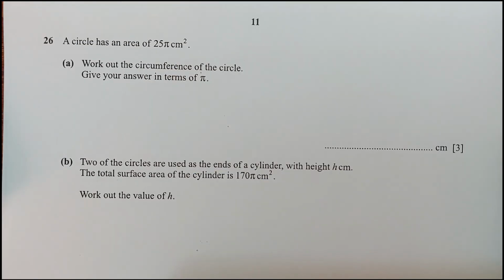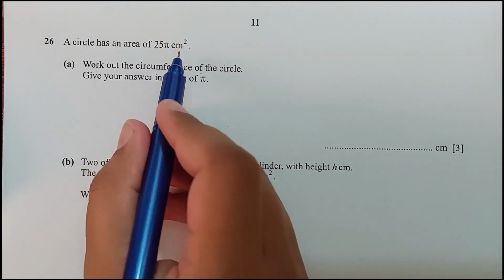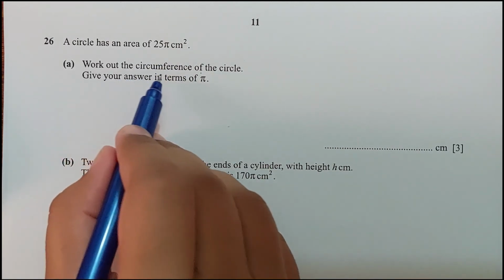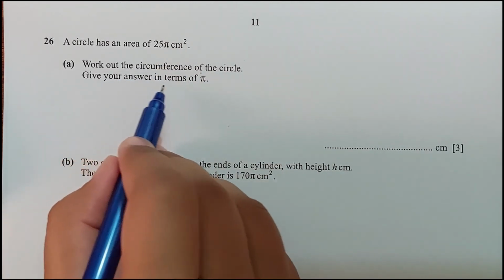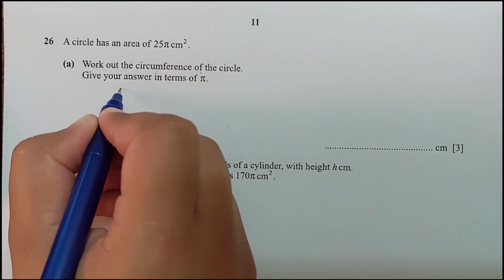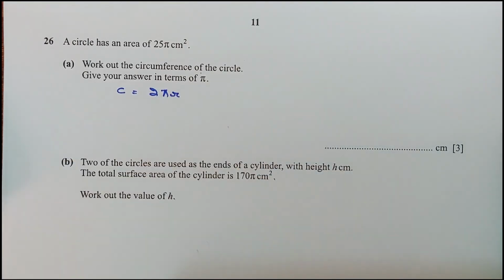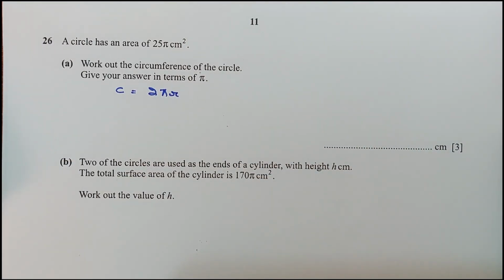All right. Question number 26. A circle has an area of 25 pi centimeters squared. Part A, work out the circumference of the circle. Give your answer in terms of pi. Right. We know that the circumference of a circle is equal to 2 pi r. This is the formula for the circumference of a circle, right?